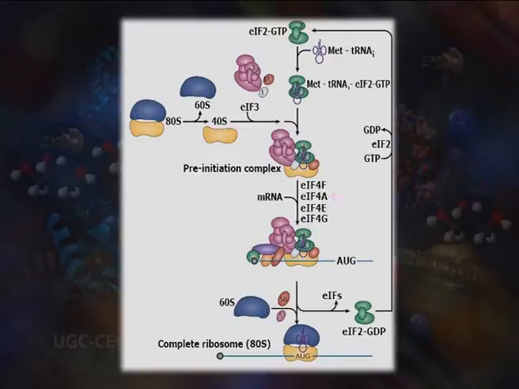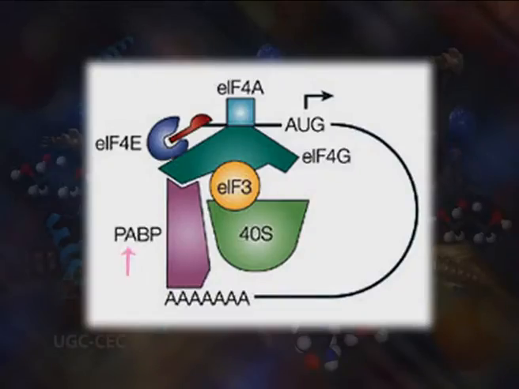There is another protein associated with the EIF4F complex called the poly A binding protein, abbreviated as PABP, which binds the poly A tail of most eukaryotic mRNA molecules. This protein has been implicated in playing a role in circularization of the mRNA during translation.